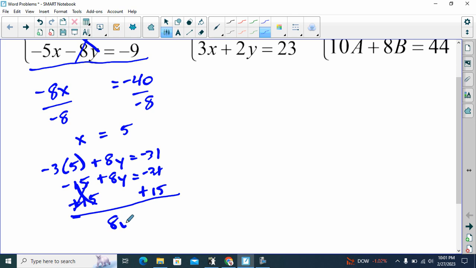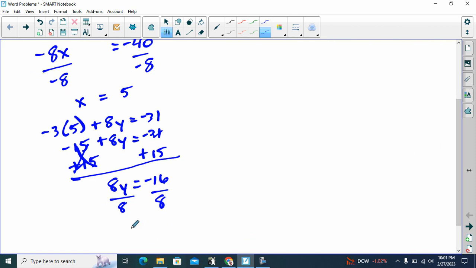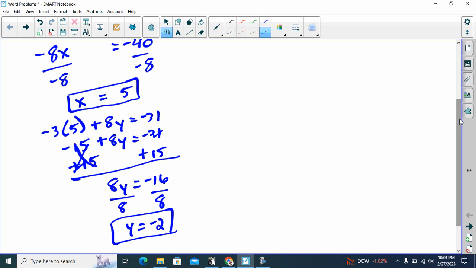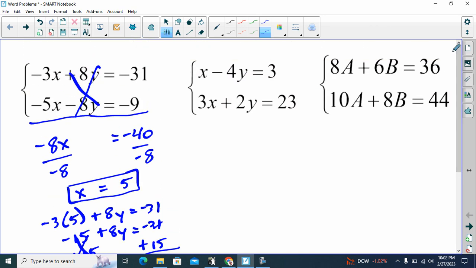I get 8y equals negative 16. Divide by 8. y equals negative 2. x equals 5, y equals negative 2 is correct. Go ahead, pause the video, and move on to number 2.